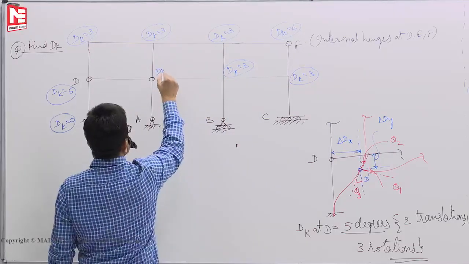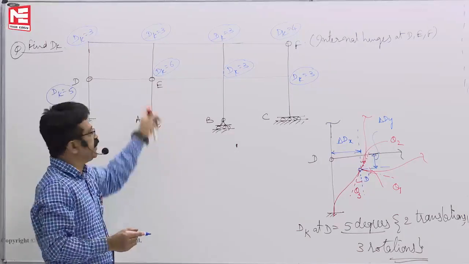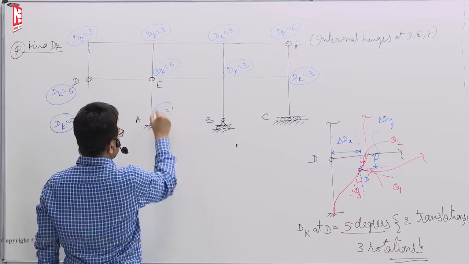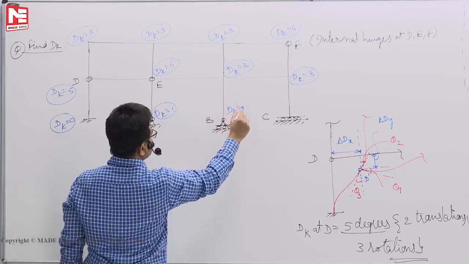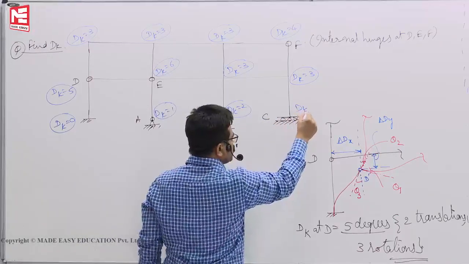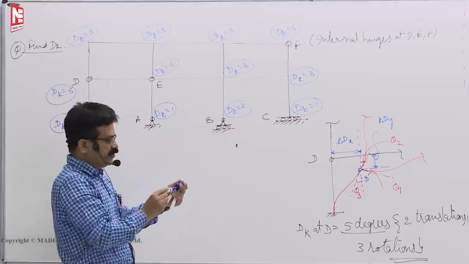Here dk is 6. What are those 6? Delta ex, delta ey, and 4 independent rotations. Then here dk is 1. Here dk is 2, because it will translate and it can rotate. But here it can only translate. Dk is only 1. Cannot be lifted, cannot rotate.